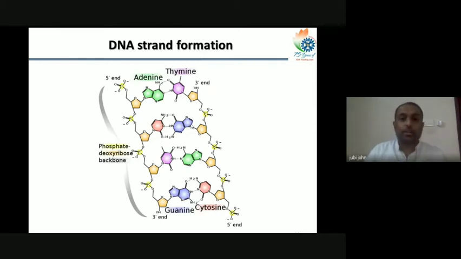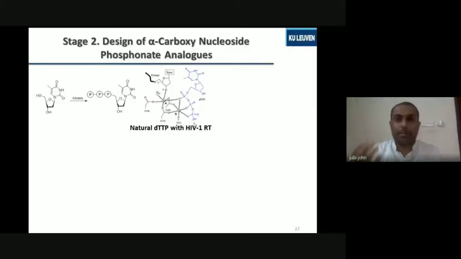So the first step of drug development is identification of the target. Our target is the reverse transcriptase enzyme. Now we have to know the functional groups present in the active site of the reverse transcriptase enzyme. Only then can we design a molecule which can selectively bind to the active site of the enzyme and inhibit its activity.